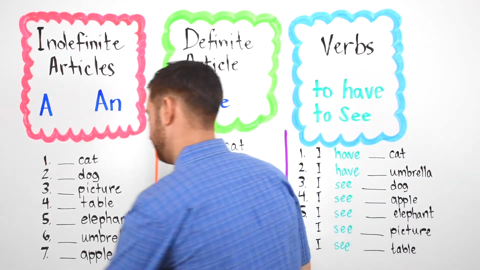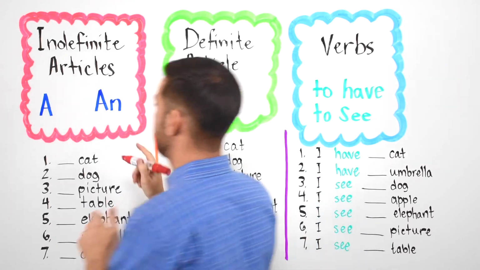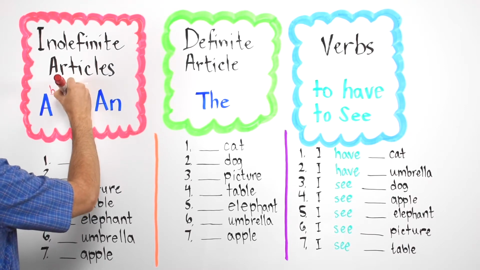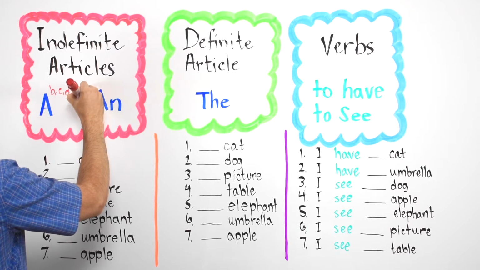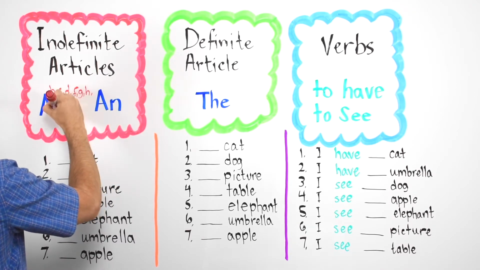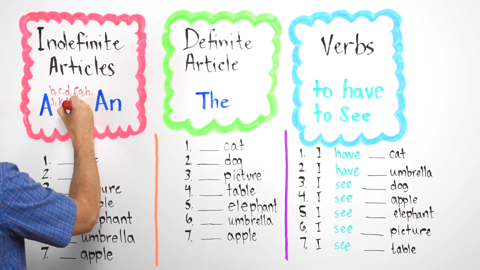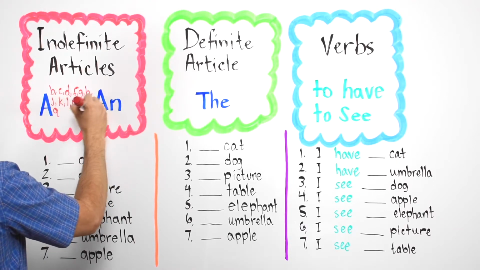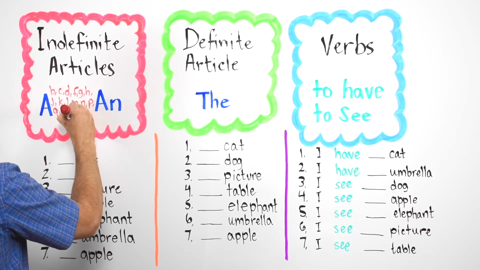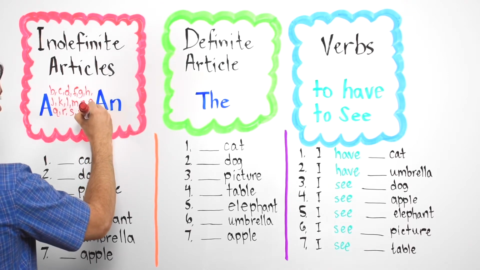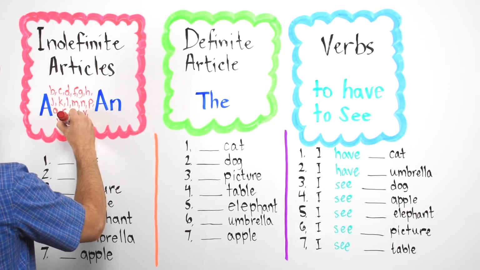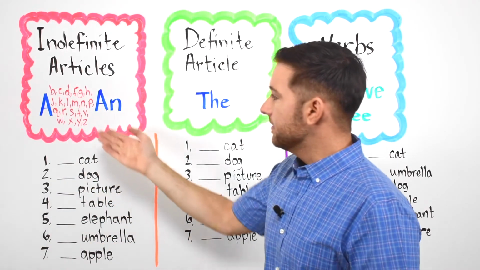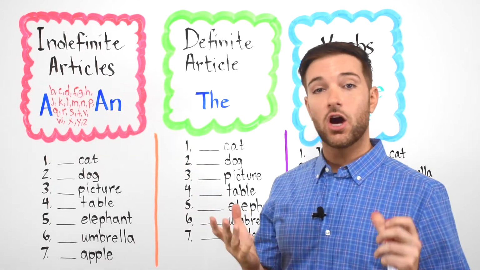That means that it comes before the letters B, C, D, F, G, H, J, K, L, M, N, P, Q, R, S, T, V, W, X, Y, and Z. These are non-vowels. They are also known as consonants.